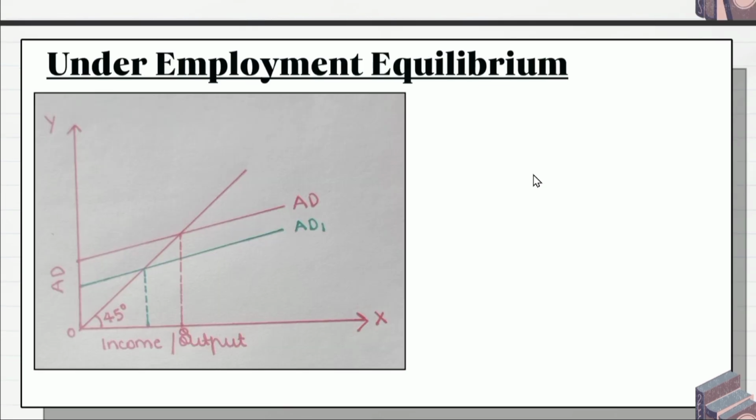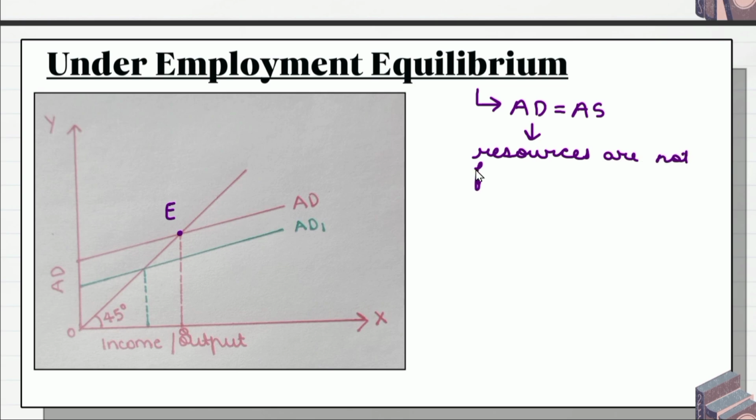Now underemployment equilibrium. So this is my full employment level of equilibrium. So underemployment equilibrium, as the name suggests, refers to a situation because it is an equilibrium, so AD is going to equal AS. But here resources are not fully utilized, which means we cannot produce that much output which we have produced at full employment equilibrium.